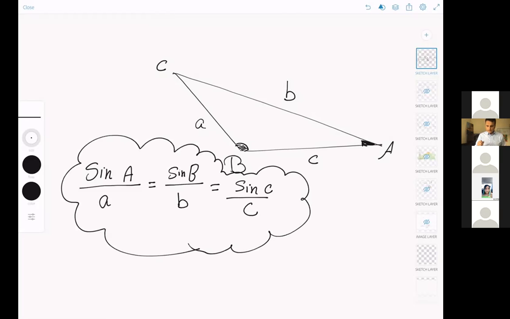There's another law, but let's use this one. Let's see if we can actually solve that question.